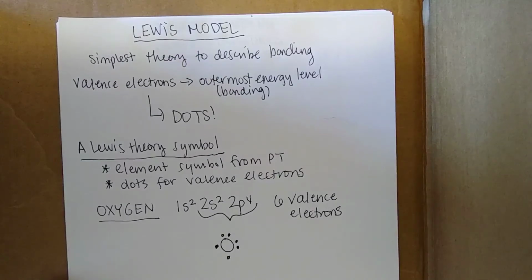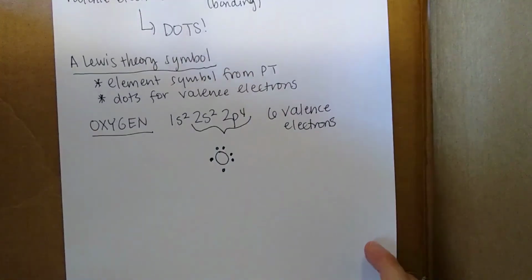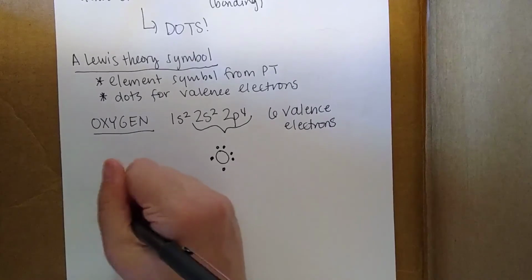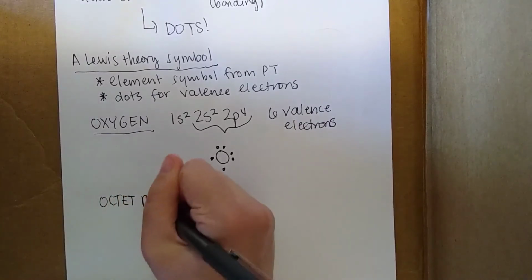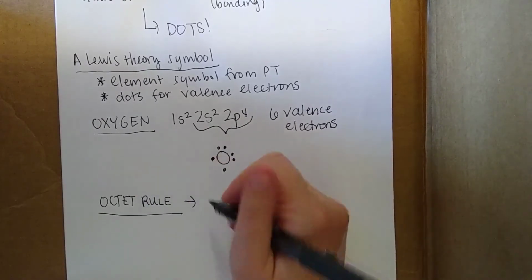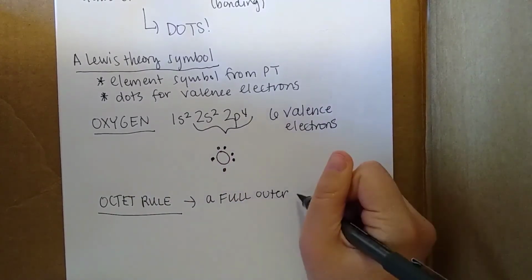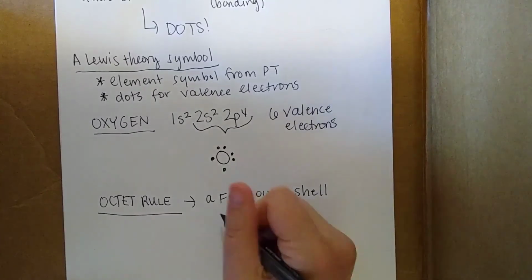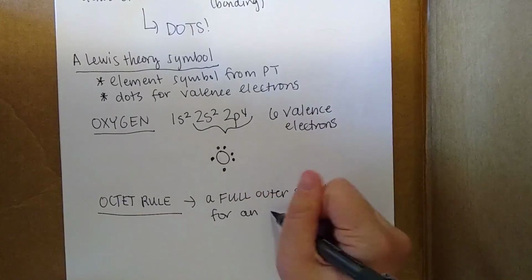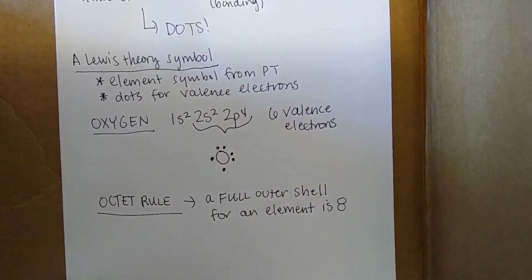Another thing we're going to need to remind ourselves of when we're thinking about Lewis theory is the concept of the octet rule, which we have discussed briefly. The octet rule simply states that a full outer shell for an element is 8.